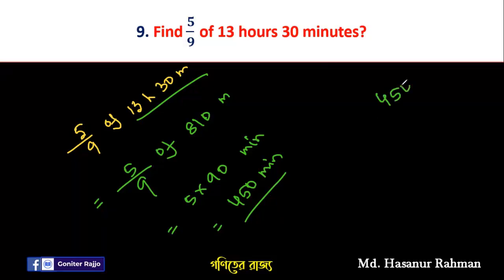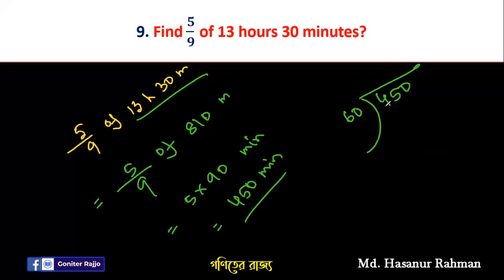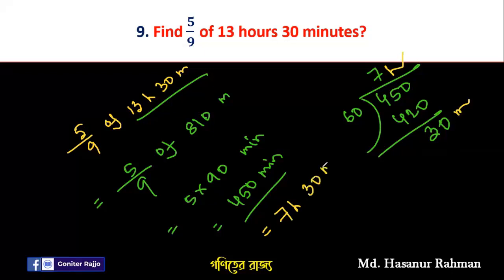So 6 7s are 42. So 60 multiplied by 7, that will be 420. What will be the remainder? 30. Then this 7 will be hour and 30 will be minutes. So final answer will be 7 hour 30 minutes.